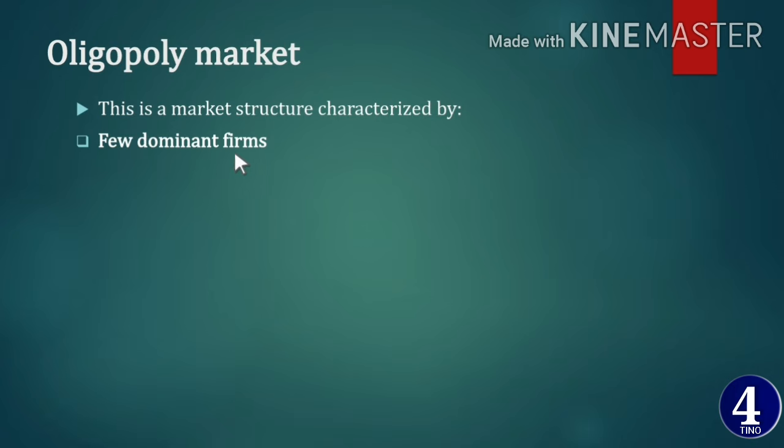In the monopolistically competitive market, we have seen many sellers. But in the oligopoly market, we have few which are dominant. Even if they came together, they can be a monopoly of something. Few dominant firms in the market. One example of such kinds of markets, or oligopoly markets, is gasoline.